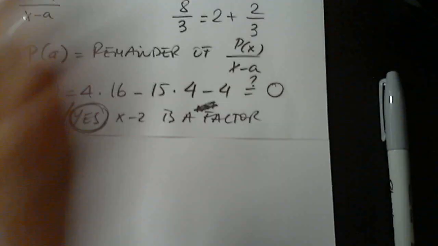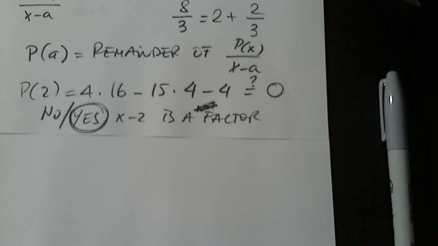So let's go back. Look at what we did before and let me know. What should we do? To check whether it's a factor or not. Anyone, please?